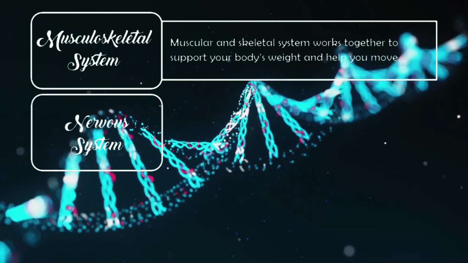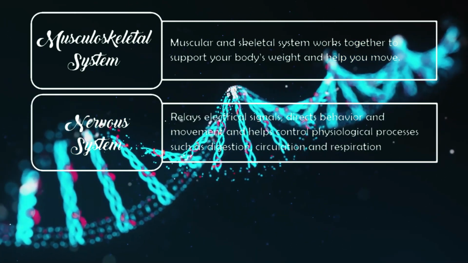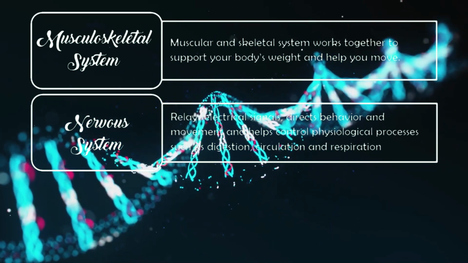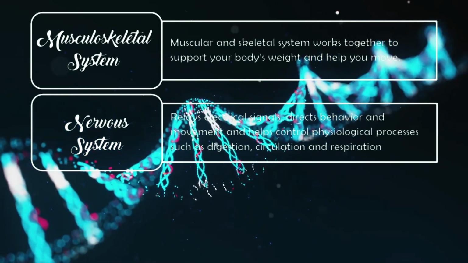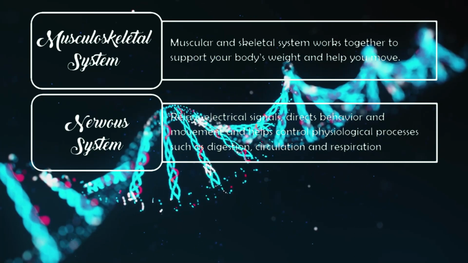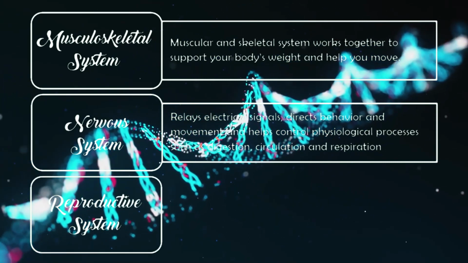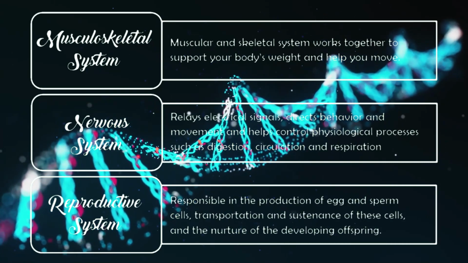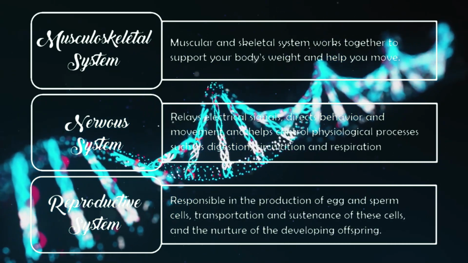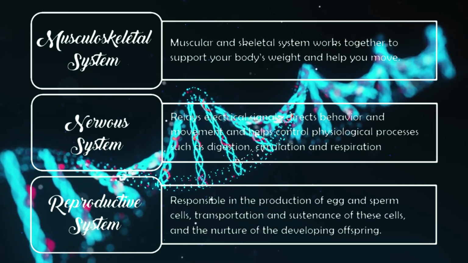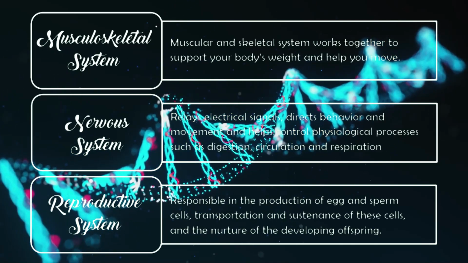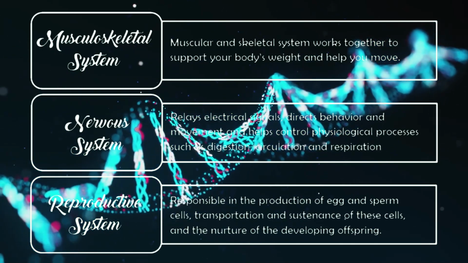The nervous system relays electrical signals, directs behavior and movement, and helps control physiological processes such as digestion, circulation, and respiration. The reproductive system is responsible for the production of egg and sperm cells, transportation and sustenance of these cells, and the nurture of the developing offspring.